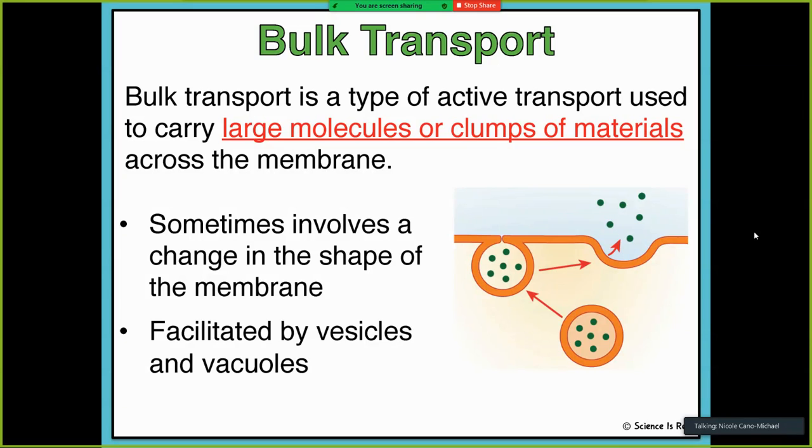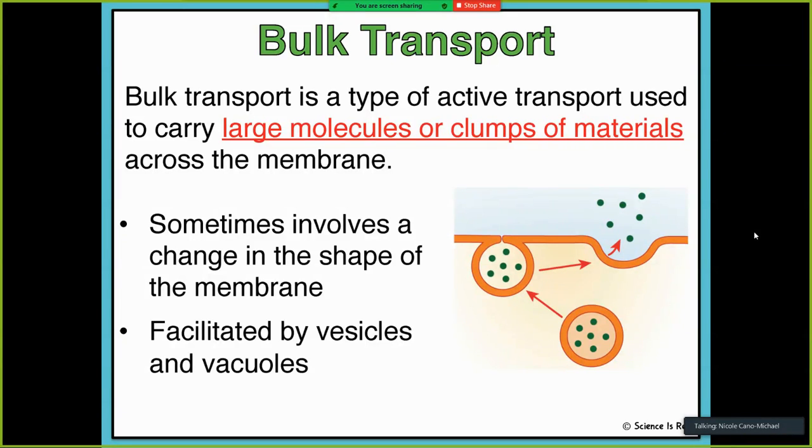And it usually involves changing the shape of the cell membrane. And basically, what we end up doing is we end up forming a vacuole. Remember, the organelle, the vacuole is like literally just a storage container inside the cell. And then of course we use vesicles, and vesicles are just vacuoles that move.